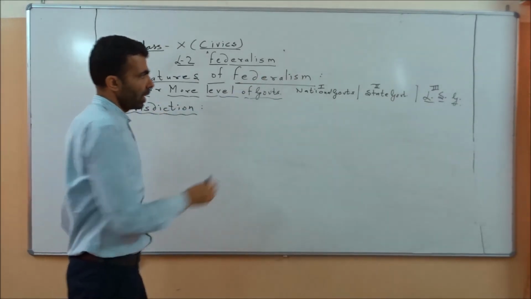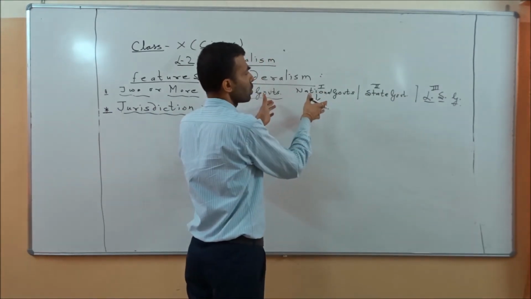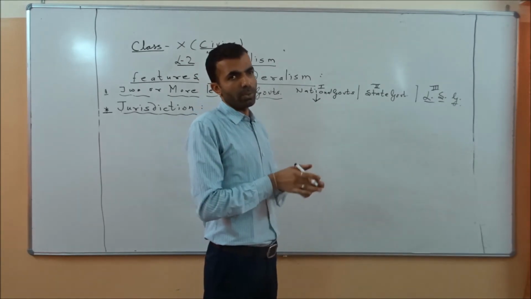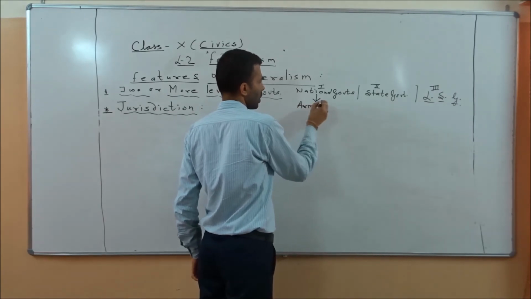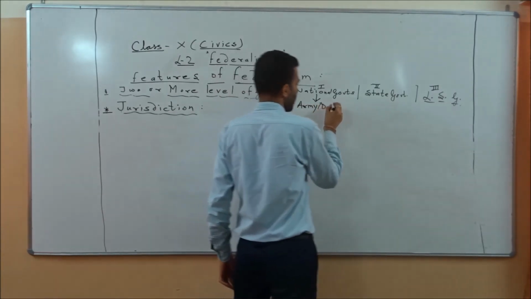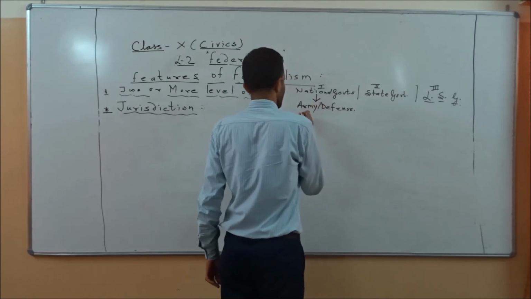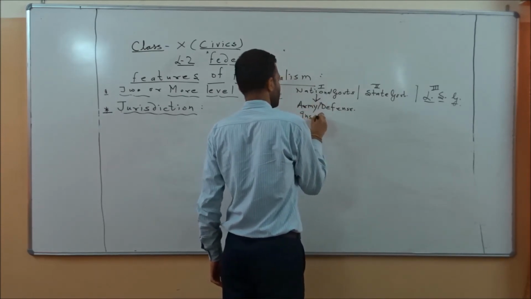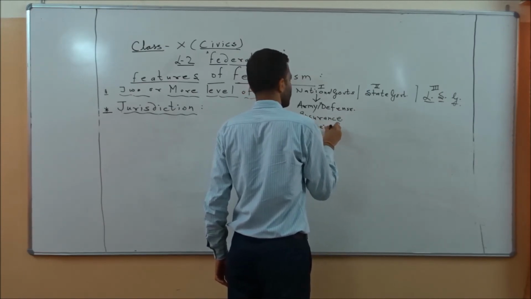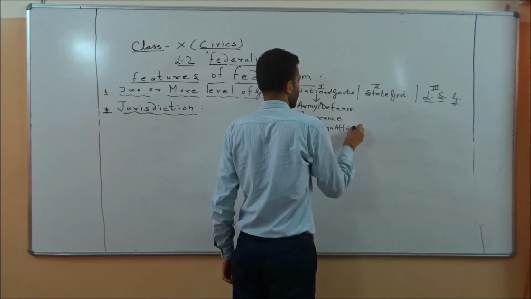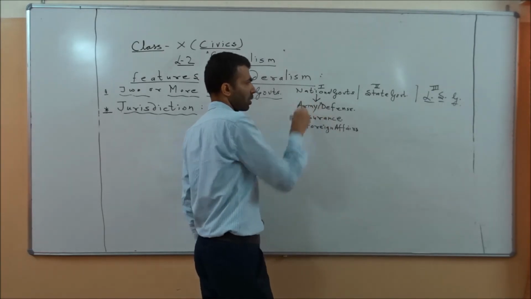What does this mean? This means that national government should deal with only those specific issues which are of national interest, like army and defense, insurance, foreign affairs, and other issues which are of national importance.